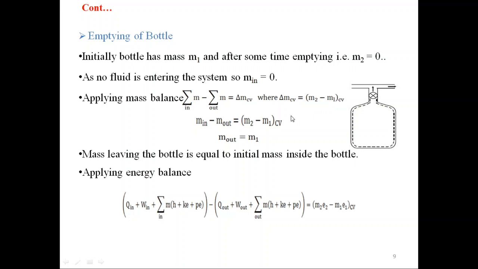As the value of m2 equals 0 and the value of m in is also 0, we get m out equal to m1, that is, mass leaving the bottle is equal to the initial mass inside the bottle. Now if you apply the energy balance, this is the energy balance and it is not in rate form.